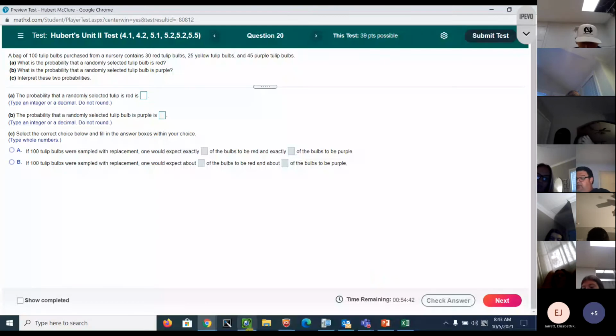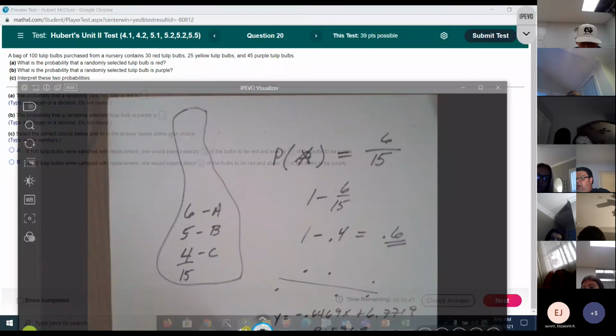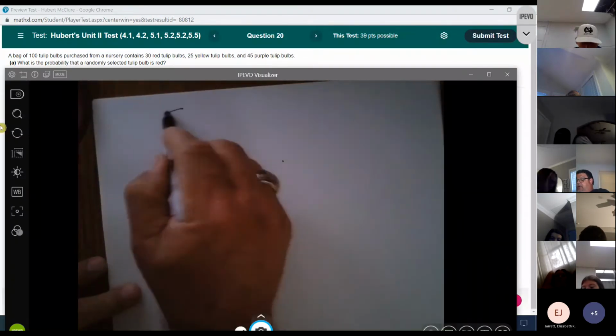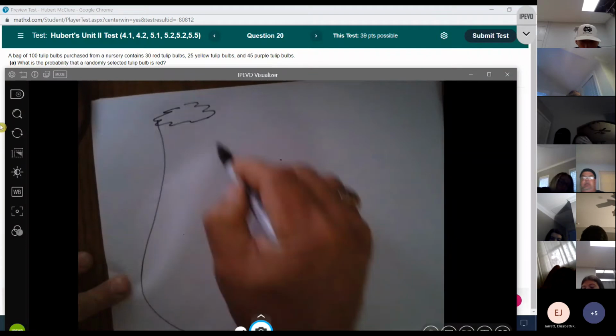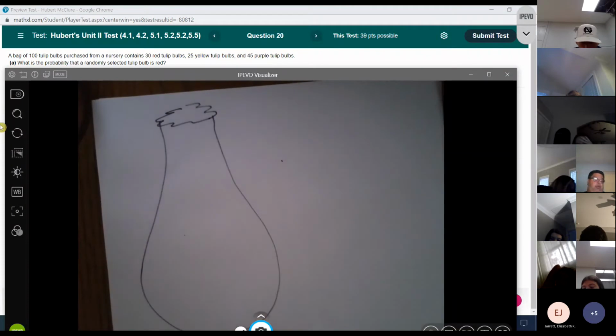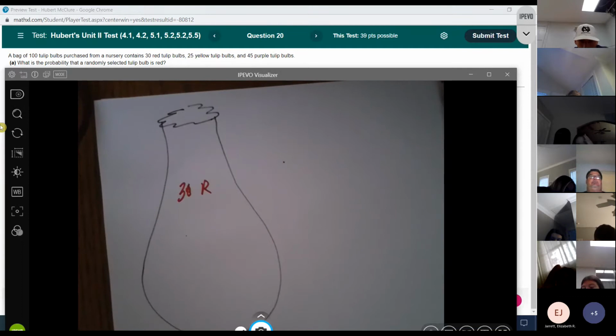And the bag is a tulip bag, marble bag, whatever you want to call it, golf bag. And you have 30 red tulips.